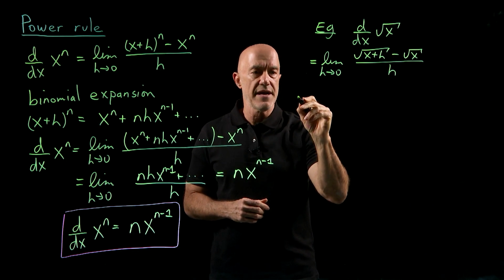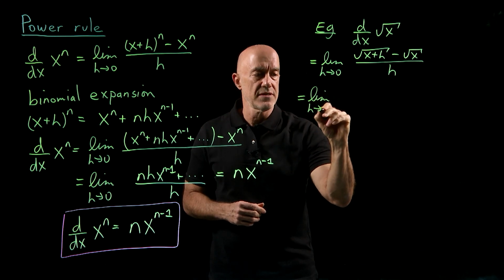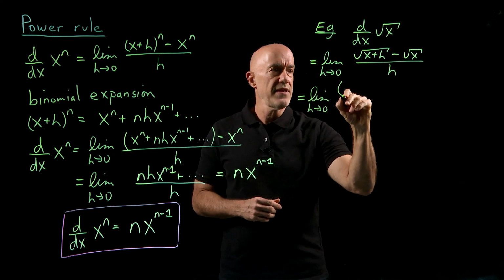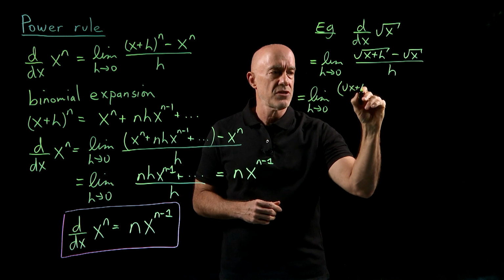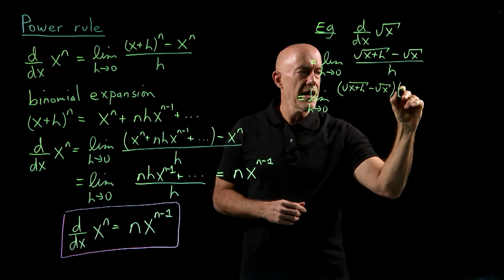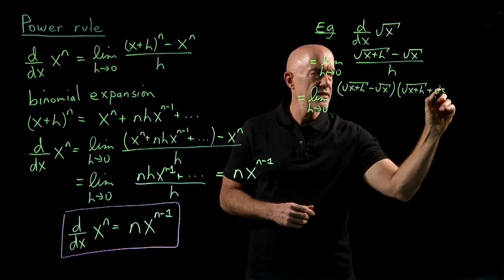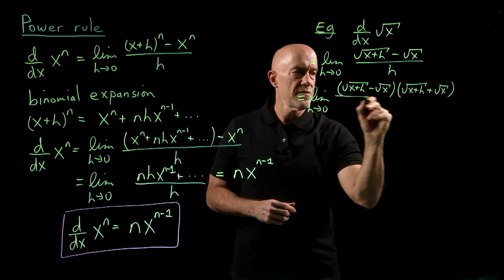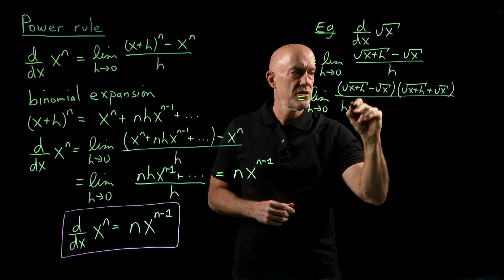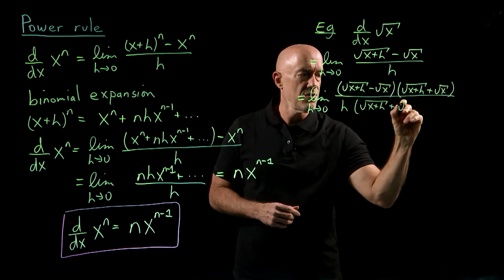So let's try that. We have the limit as h goes to 0 of root (x plus h) minus root x, times root (x plus h) plus root x, divided by h times root (x plus h) plus root x.